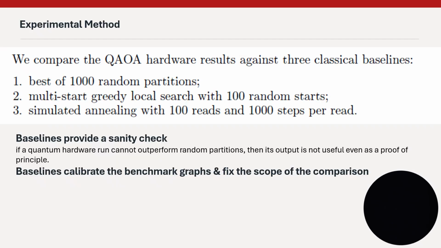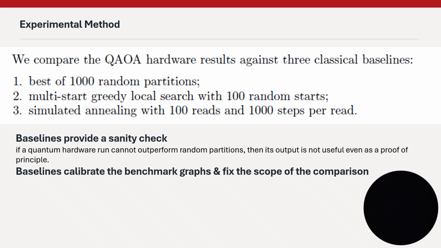Now in our experimental method, we're going to be comparing our architecture and the QAOA algorithm runs against 3 classic baselines. If a quantum hardware run can't outperform random partitions on these baselines, then it's not considered useful as a proof of principle. So the baselines provide a sanity check.